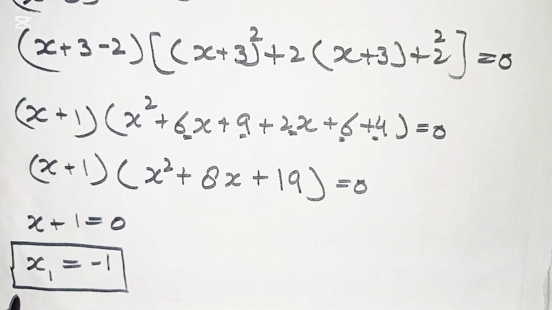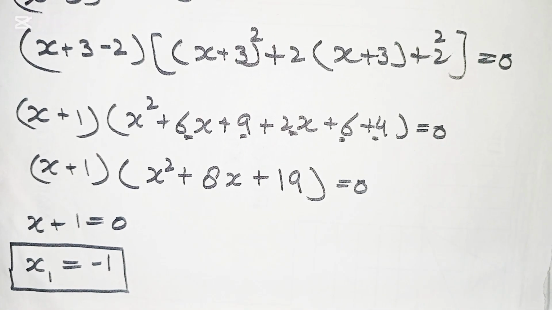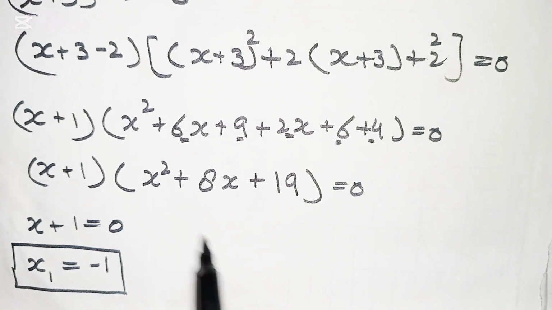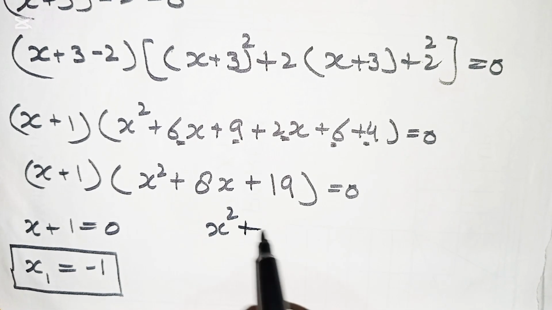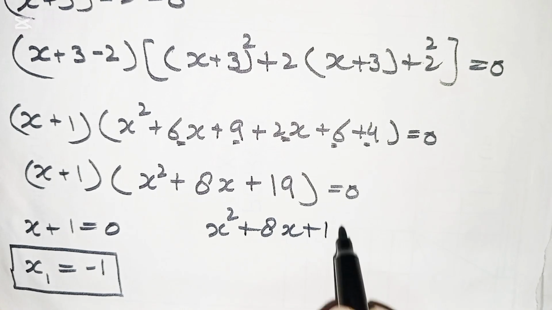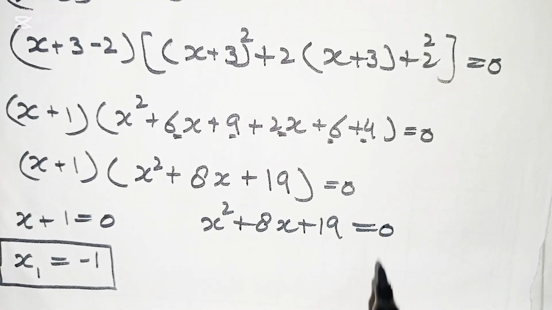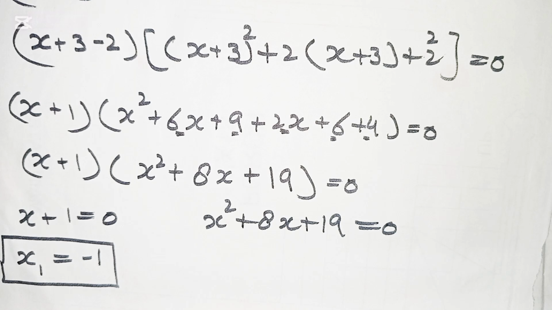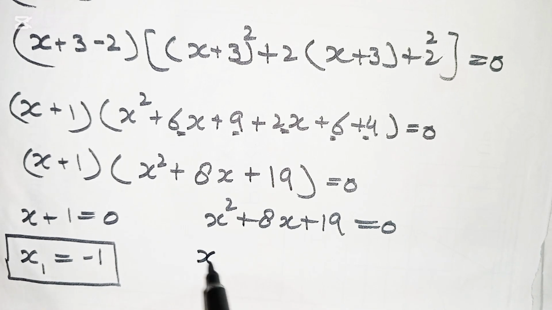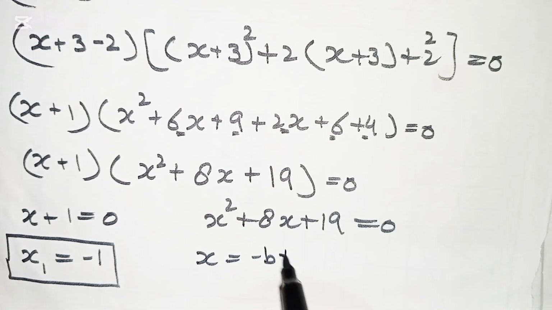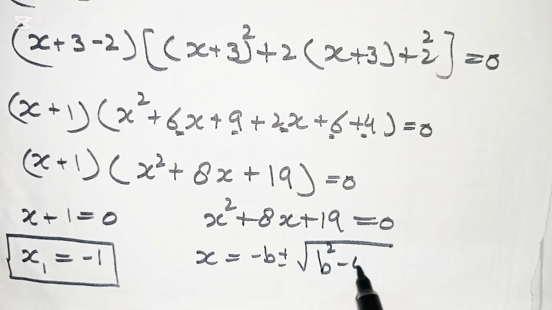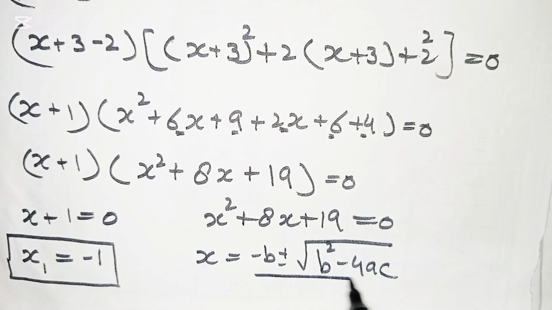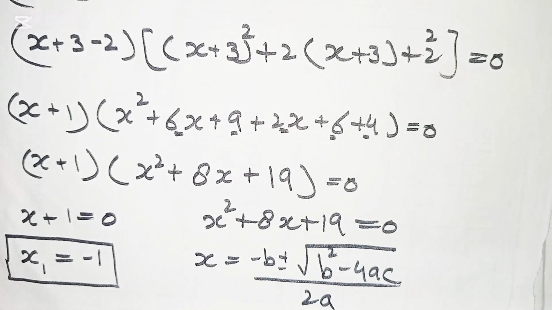Here we find the first value of x, and so here we find the second value of x: x squared plus 8x plus 19 is equal to 0. And here we use the quadratic formula, which is x equal to minus b plus minus square root of b squared minus 4ac, over 2a.